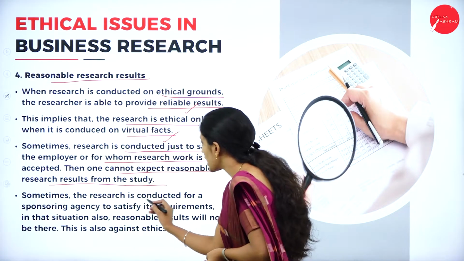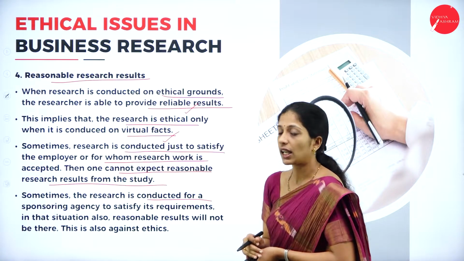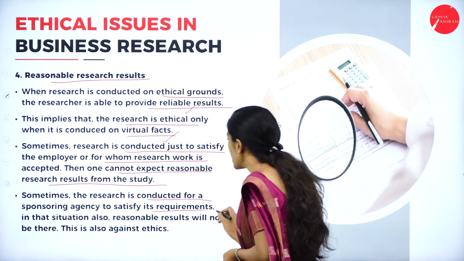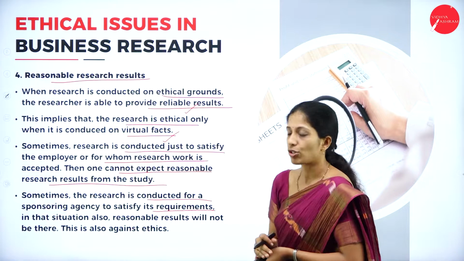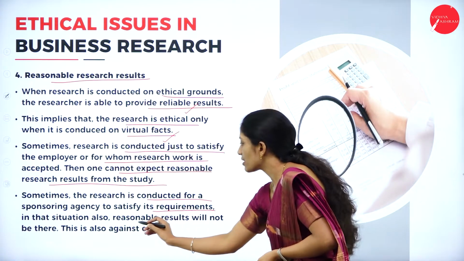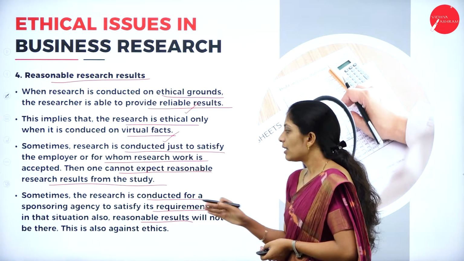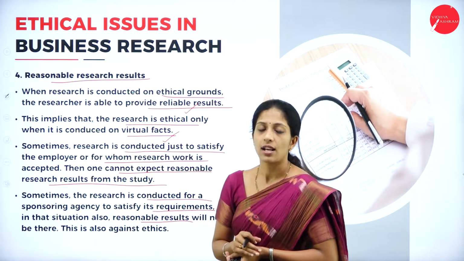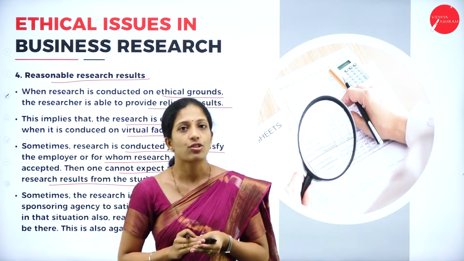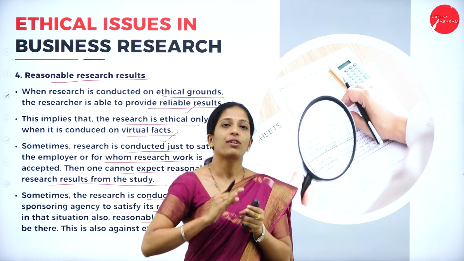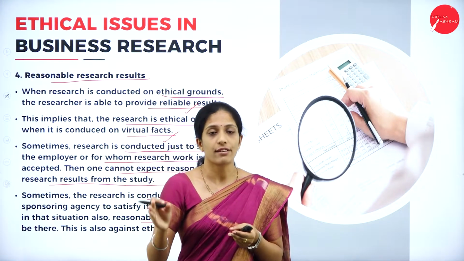Sometimes the research is conducted for a sponsoring agency to satisfy its requirement. In that situation also, reasonable results will not be there. This is also against the ethics. So here the researcher should not work for the sake of others or for any other institution.